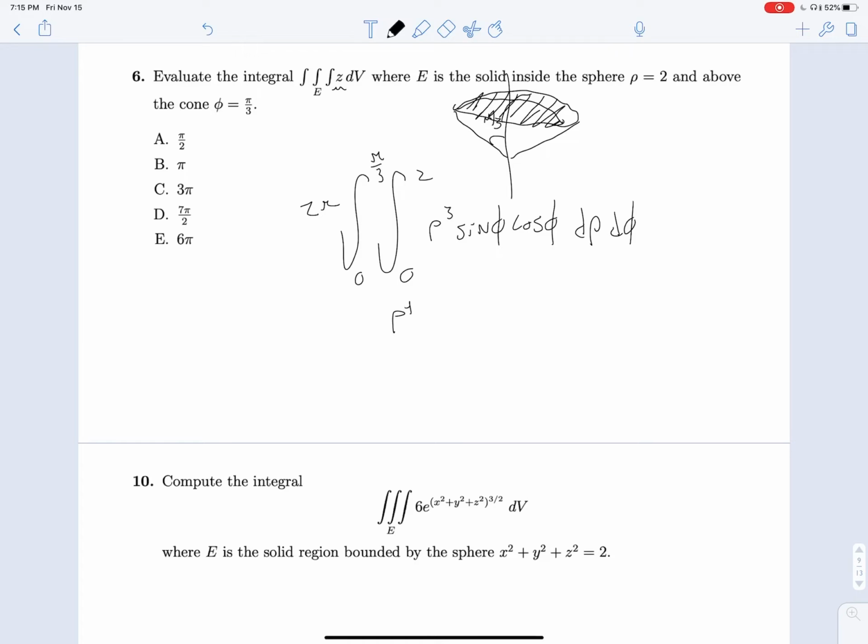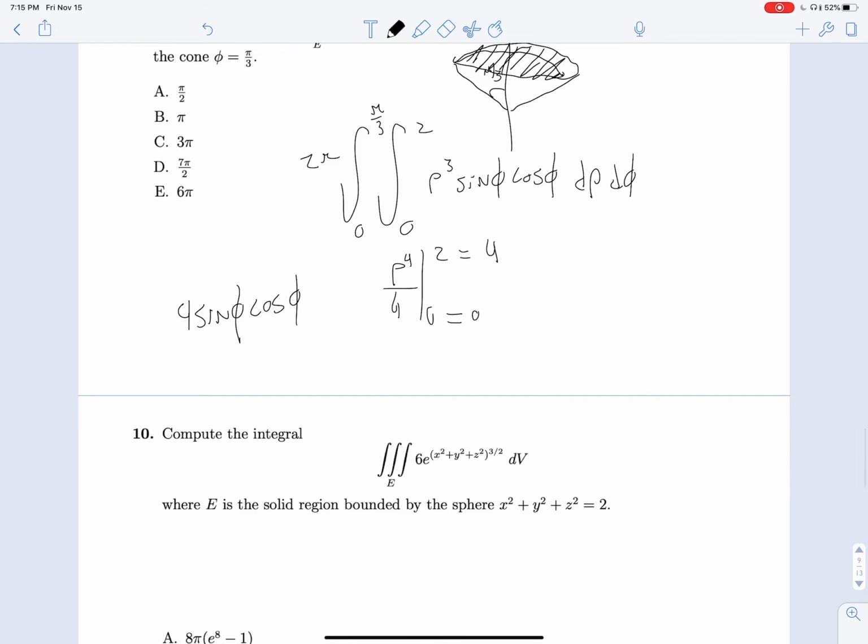Okay, evaluating. Rho to the 4th over 4 on 0 to 2. This is just going to be 4. This is going to be 0. 4 sine phi cosine of phi is our new integrand, but we can take that and do a nice little substitution to change that into 2 sine 2 phi, integral from 0 to pi over 3 d phi.